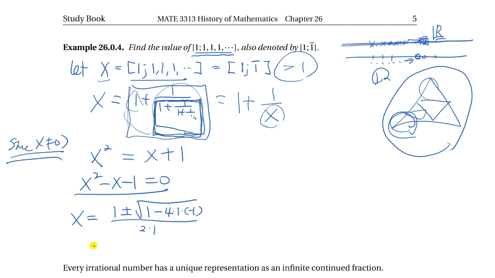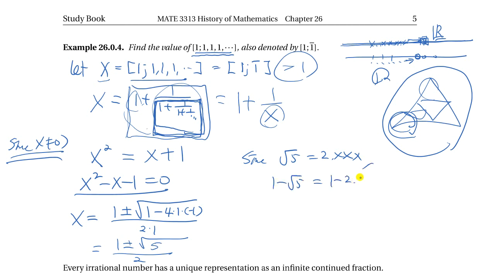So it's 1 plus or minus the square root of 1 plus 4, which is 5, over 2. Now, the square root of 5 is about 2 point something. So 1 minus the square root of 5 is 1 minus 2 point something, so it's negative 1 point something.